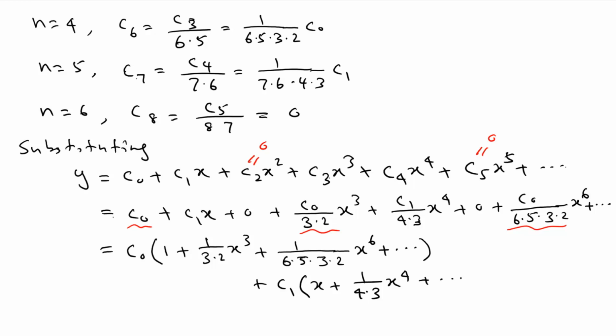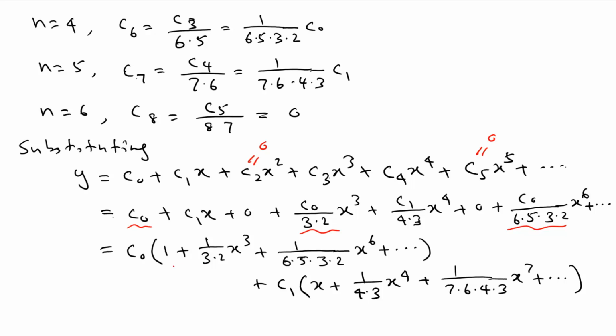And then you can have one more term. The next term would be 1 over 7 times 6 times 4 times 3 x to the 7th, like that. Now you can see these are the two functions that you are looking for.